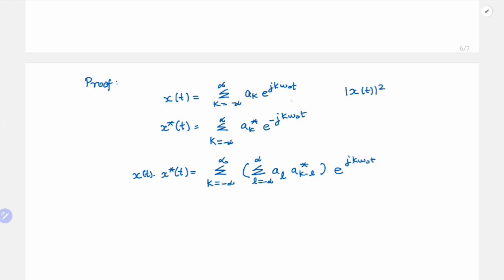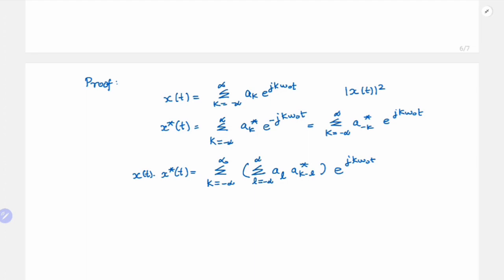But for that these bases should be equal, right? So for that this will be a minus k and this will be plus, okay? Or I'll write it as a separate step. So this is equal to summation k equal to minus infinity to infinity a minus k star e power plus jk omega naught t. So what will happen here?